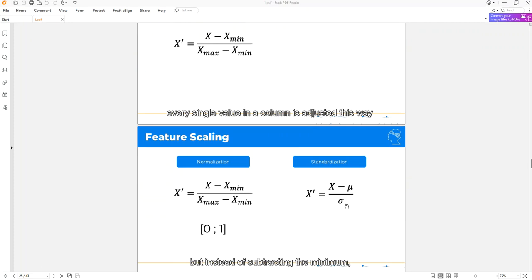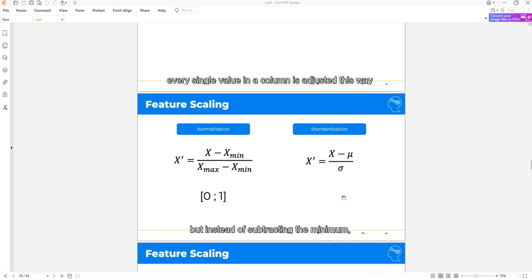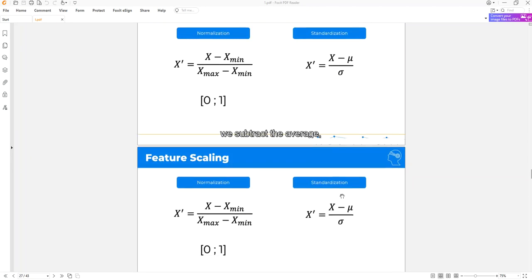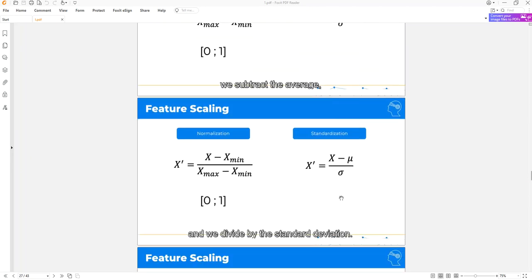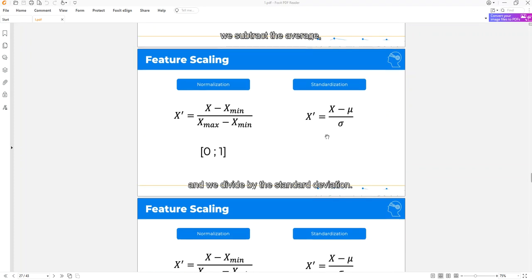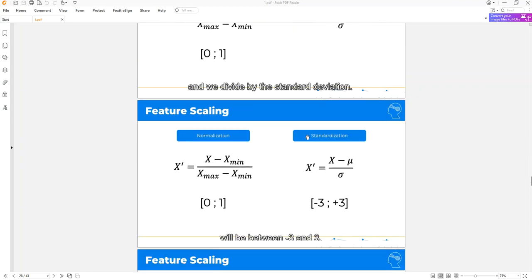In standardization, we will be subtracting the mean and dividing by the standard deviation. So this is the formula for that, and for that we need to calculate the mean and standard deviation for the whole set. This is a little bit longer process, and I'm not going to adopt that in this example, but we will see that in the actual videos when we go through that.